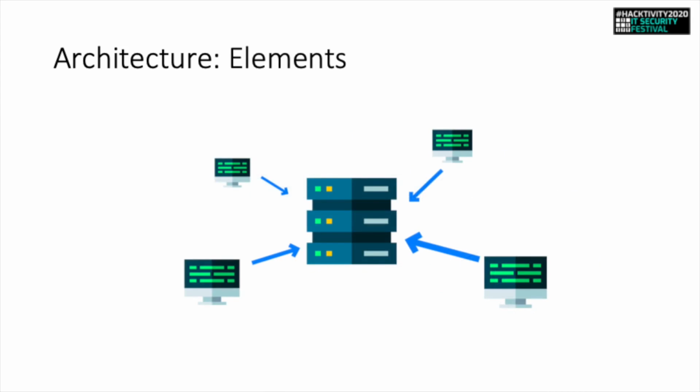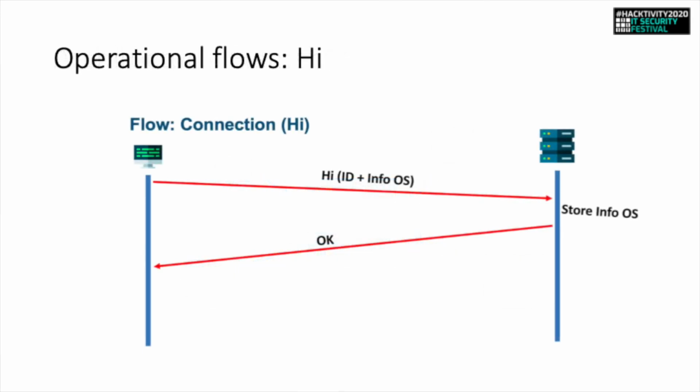Okay, and now let's talk about the operational flows. These are the different flows between the console or agent and the ATTPwn command and control. The first flow is the connection flow. When a console is running on a Windows machine, it sends a hi command.